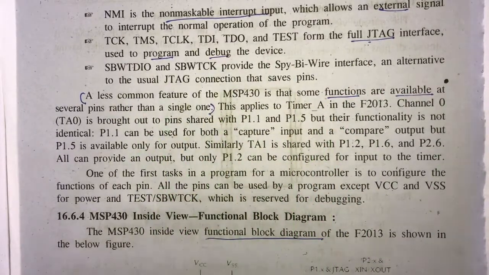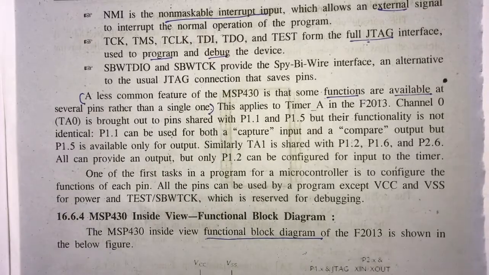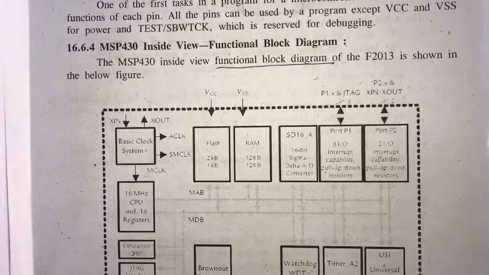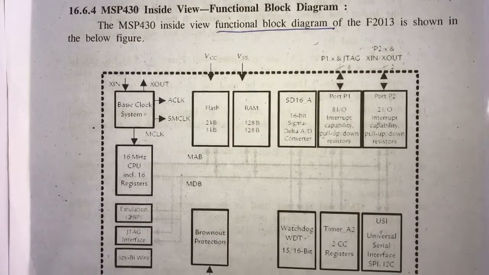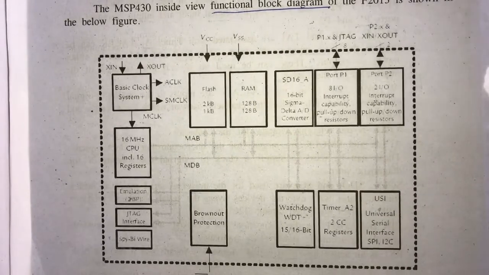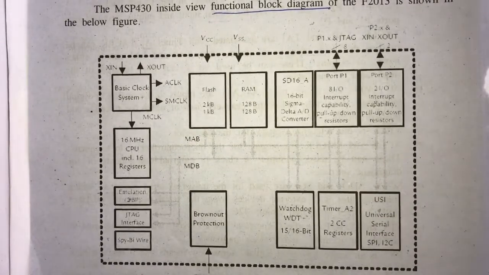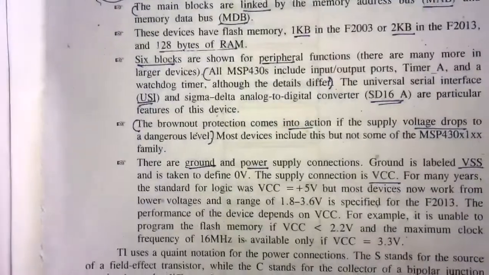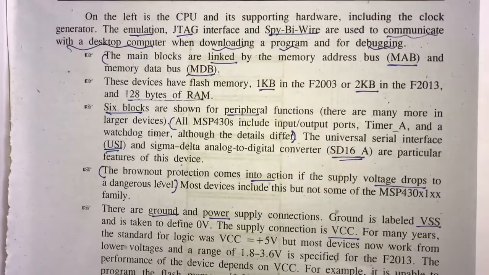Okay, this is regarding your MSP 430 pin diagram, and this is regarding the functional block diagram of your MSP 430. So from theory point of view, this is important. So as we know, in this MSP 430 block diagram, just go through some important points.